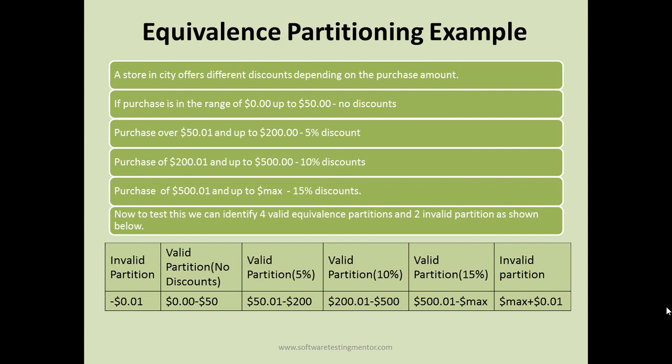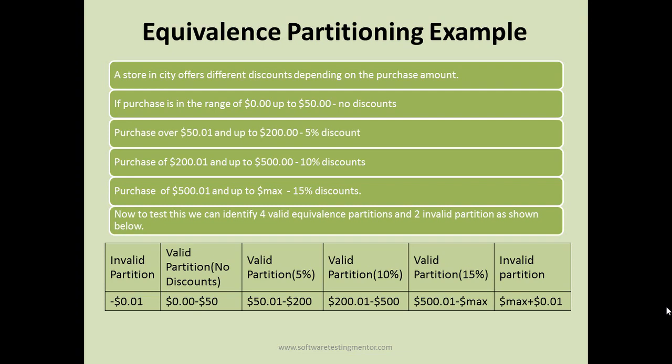If the purchase amount is in the range of $0 up to $50, and I have taken the dollar amount up to 2 decimal places, so it's 0.00 to 50.00, and if the purchase amount is over $50 and up to $200, the discount percentage is 5%.